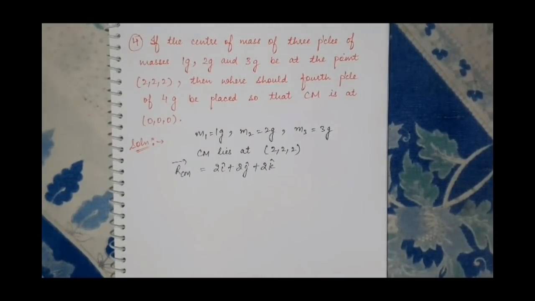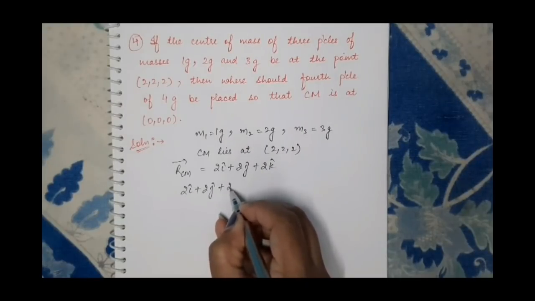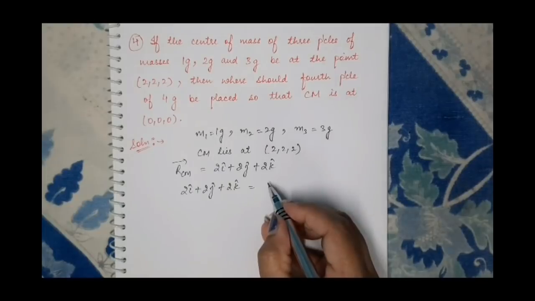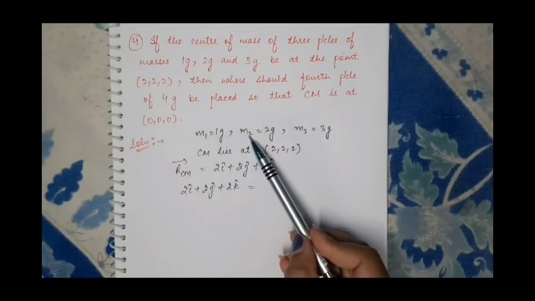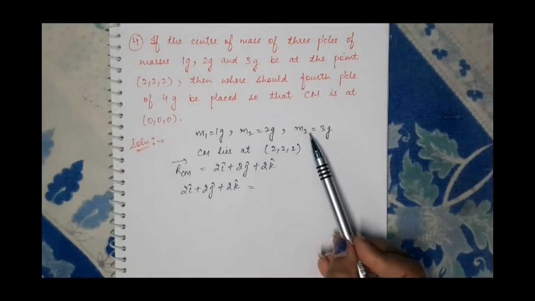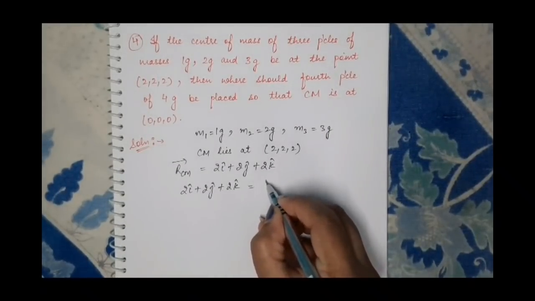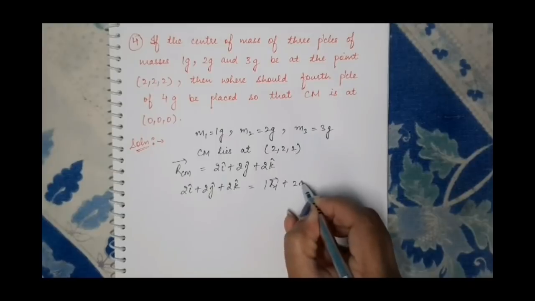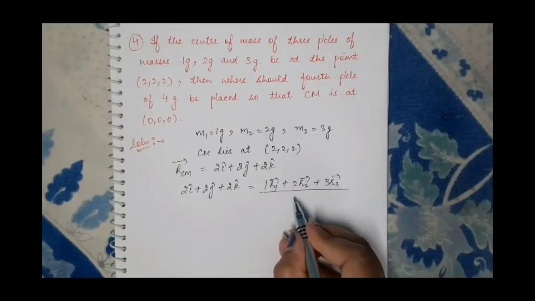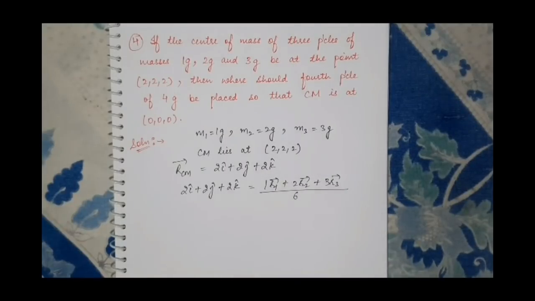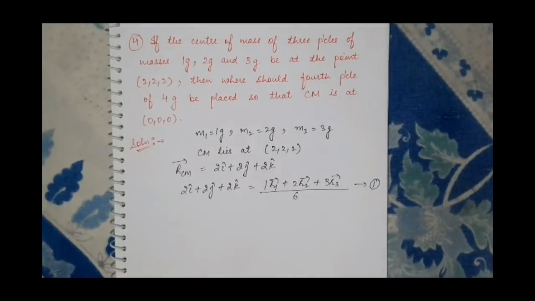Then what will be the equation of center of mass? It will be 2i plus 2j plus 2k equal to M1 R1. Suppose R1 vector, R2 vector, R3 vector are the position vectors of these masses respectively. So the equation will be 1 R1 plus 2 R2 plus 3 R3 divided by 1 plus 2 plus 3, meaning 6. So this is our equation number 1.